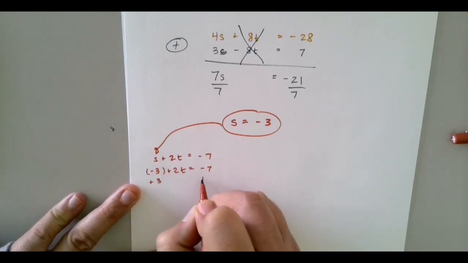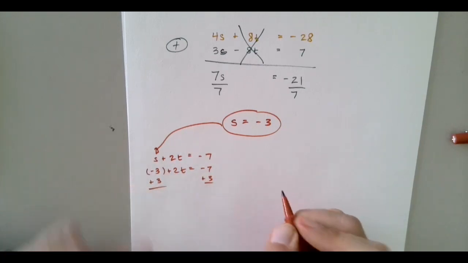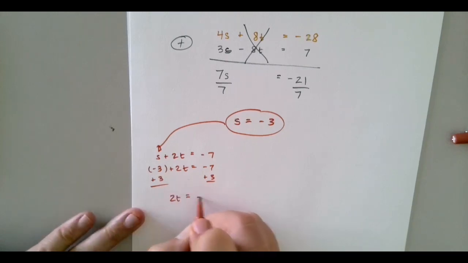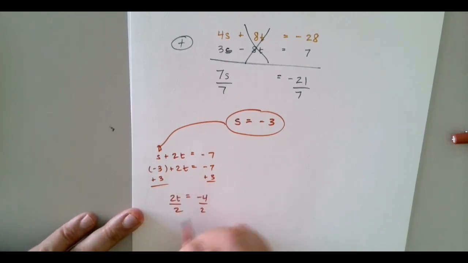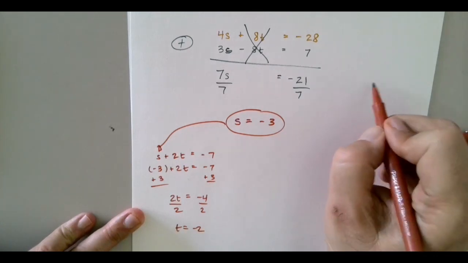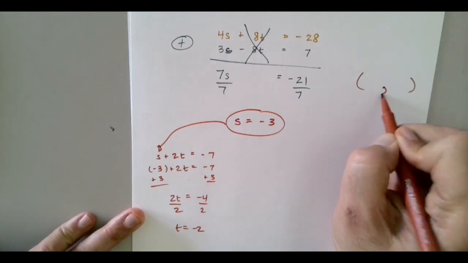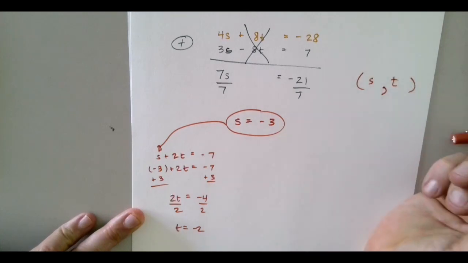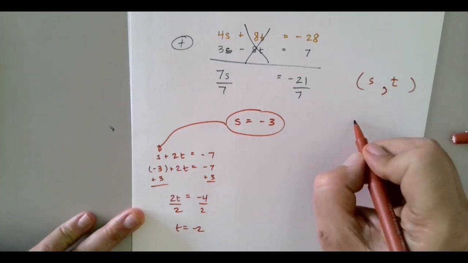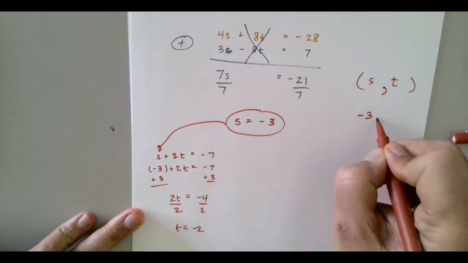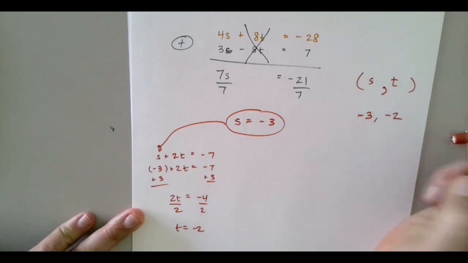I add 3 to both sides. 2t equals negative 4. Divide both sides by 2, t equals negative 2. All right, so how do I write it? So remember, parentheses, connected by a comma, alphabetical order. So my answer is going to be negative 3, comma, negative 2.